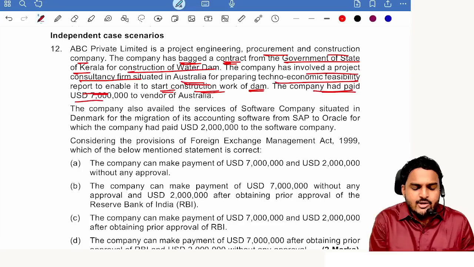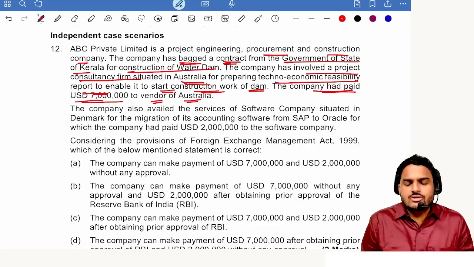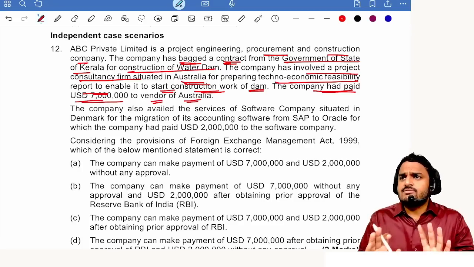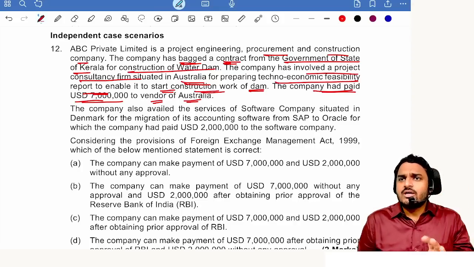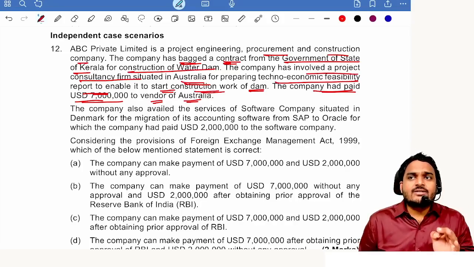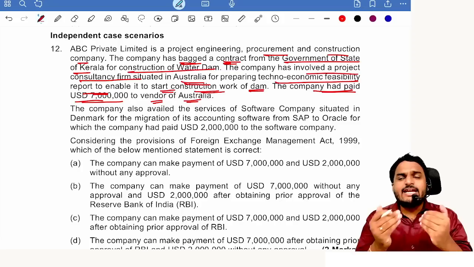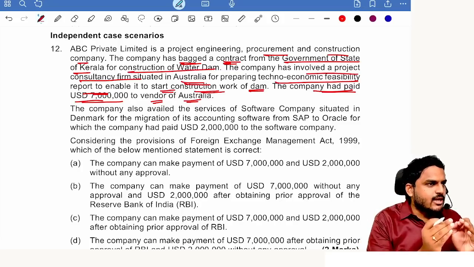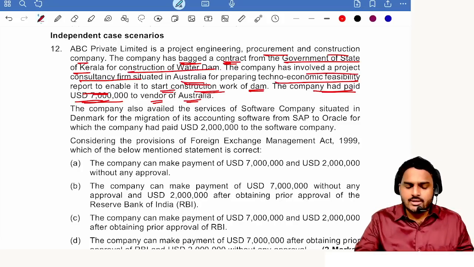And company had paid 7 million USD to vendor of Australia. Consultancy services, okay. Dam, will it come under infra or other than infra? Definitely infra. For infra, up to which limit RBI approval is not required? 10 million USD. Exceeding 10 million USD, RBI prior approval is required. So therefore, for 7 million, RBI prior approval not required.